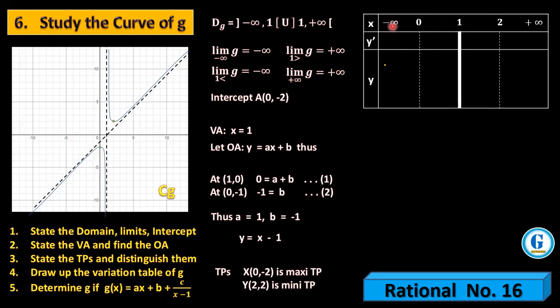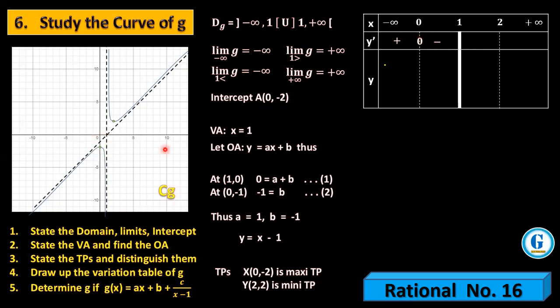Looking at the function from negative infinity to 0, the function is increasing. From 0 to 1, the curve is going down, so it is decreasing. At x equals 0, the turning point, y prime is 0.